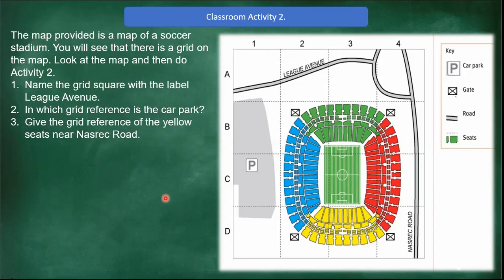The grid references of the yellow seats near Nesrek Road. D3, ma'am. No, that's not the correct answer. It must be near the road. Look carefully and give me the answer on the group chat.